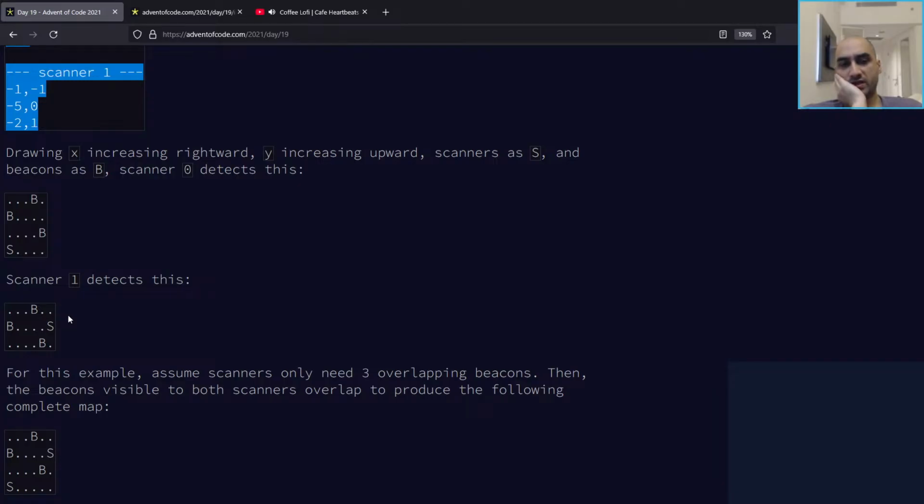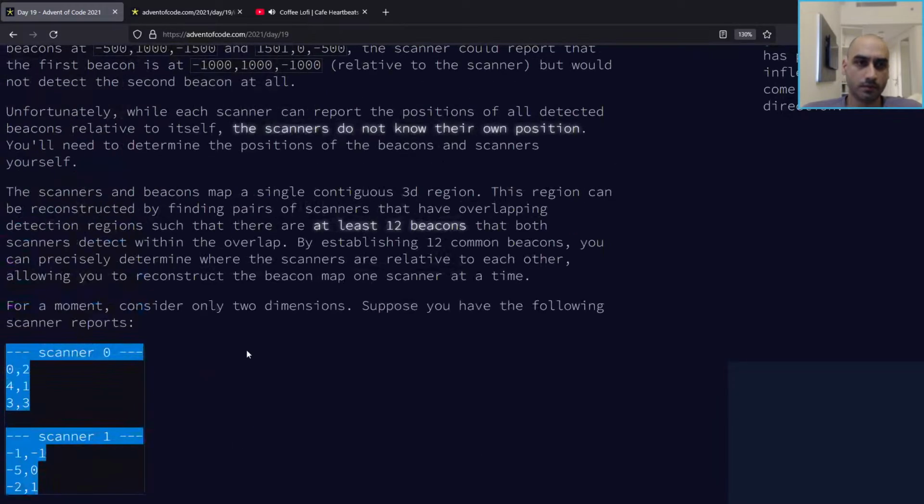Assume scanners only need 3 overlapping beacons. Finding pairs of scanners that have overlapping detection regions.